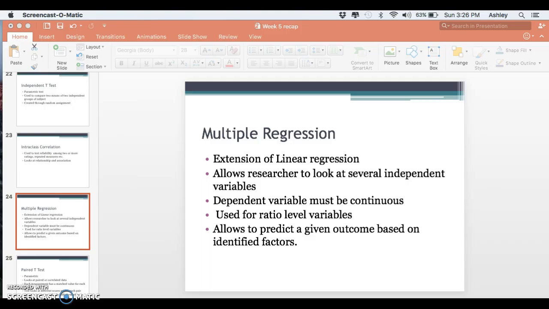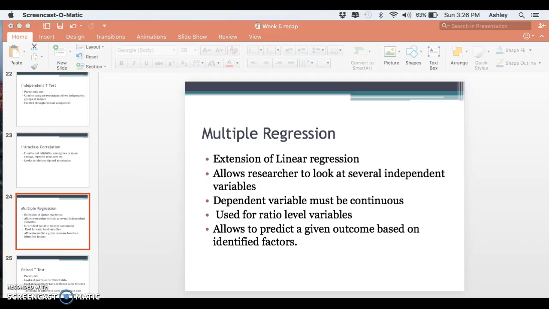It allows us to predict a given outcome based on identified factors. The dependent variable must be continuous in this case, and it's used for ratio level variables.